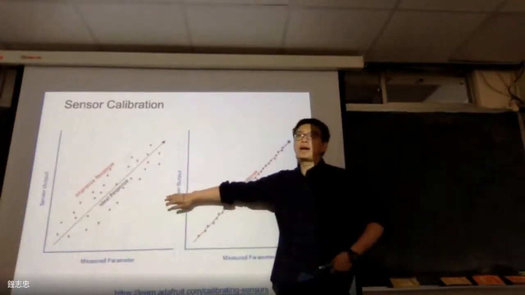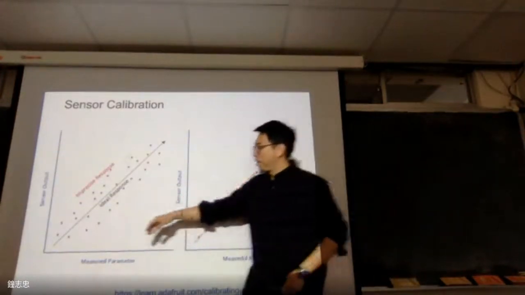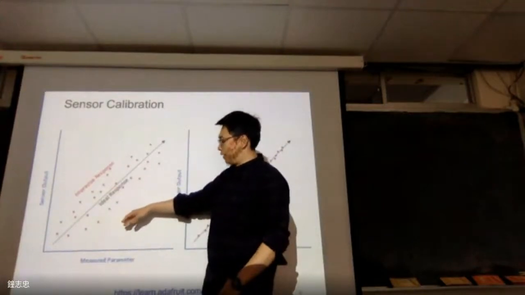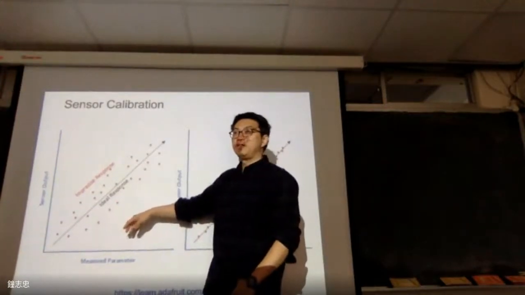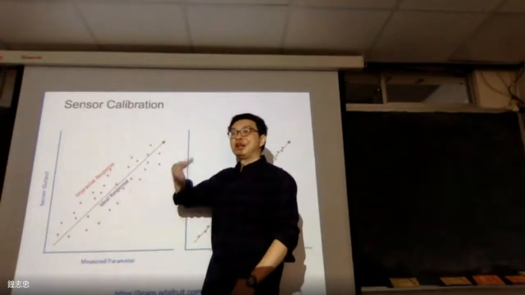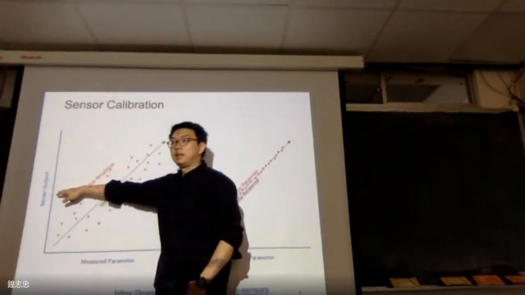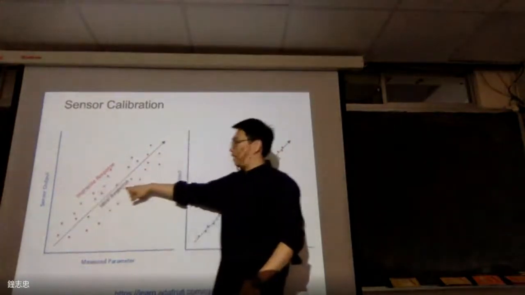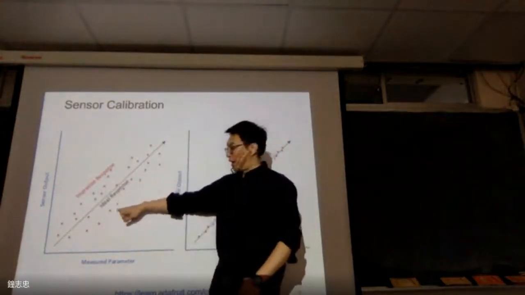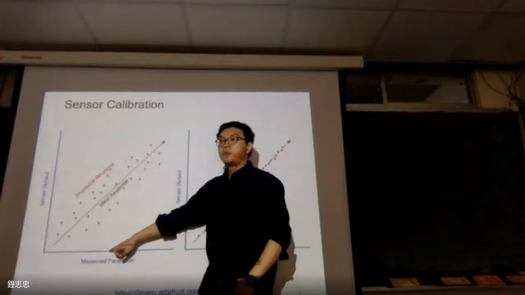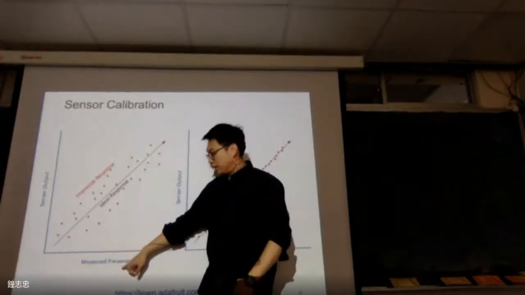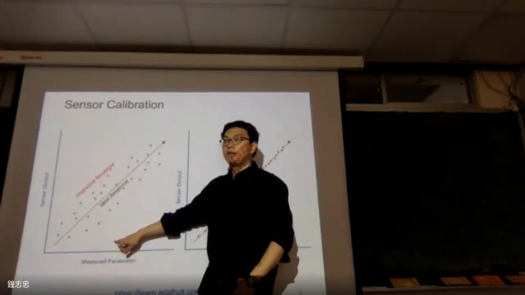When you go back to this, you will understand, oh yes, if I have a different kind of resistance or capacitance, I may have a different sensor output, right? So based on the calibration curve, I can understand the corresponding target or parameter in the environment.